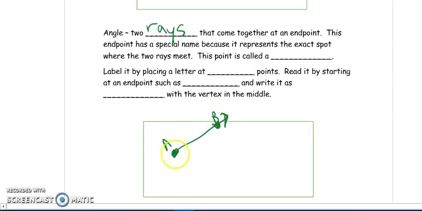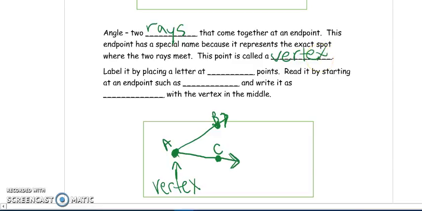And then we're going to connect it to another ray called AC, because where they connect right here is a special spot called a vertex, or it's like the corner. Okay, so this point is called the vertex.